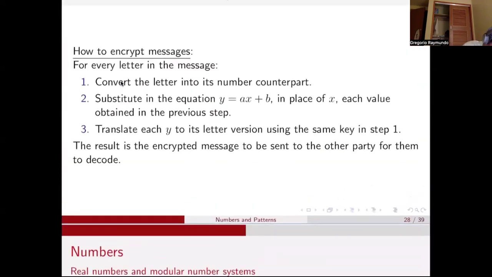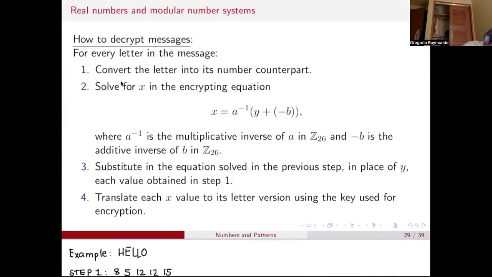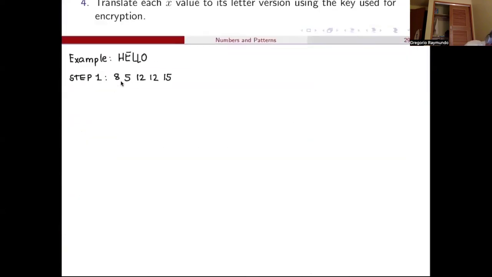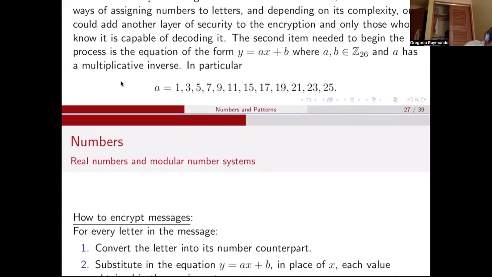And then, substitute in the equation y is equal to ax plus b in place of x, each value obtained in the previous step. So yung a natin, simplihan natin. A, gamitin natin a ay 1. Okay. So, kunyari, step 2, gamitin natin para simple, y is equal to 1x plus, ano yung b naman natin? 1x plus halimbawa, b ay z26.